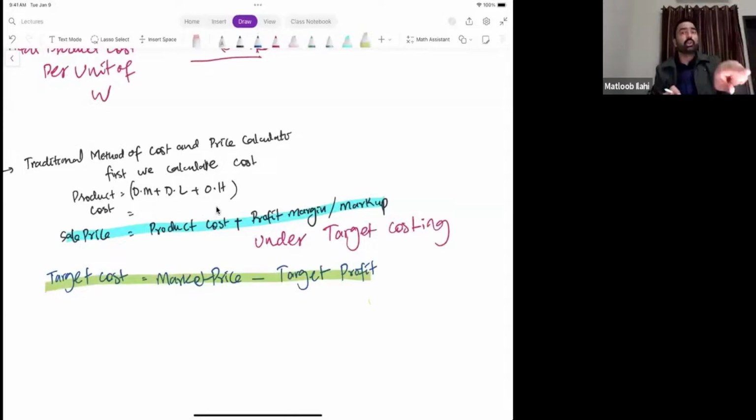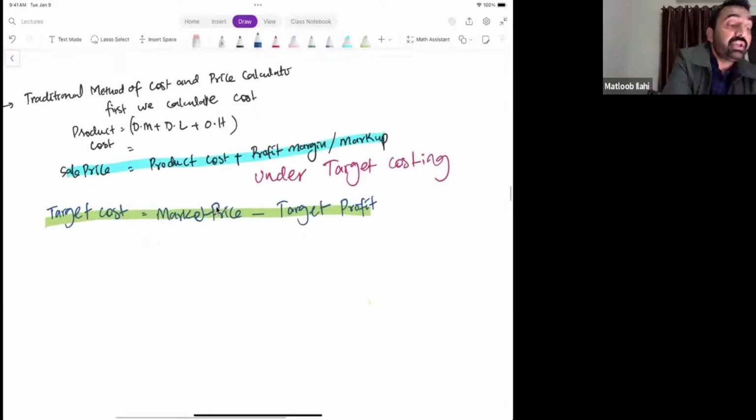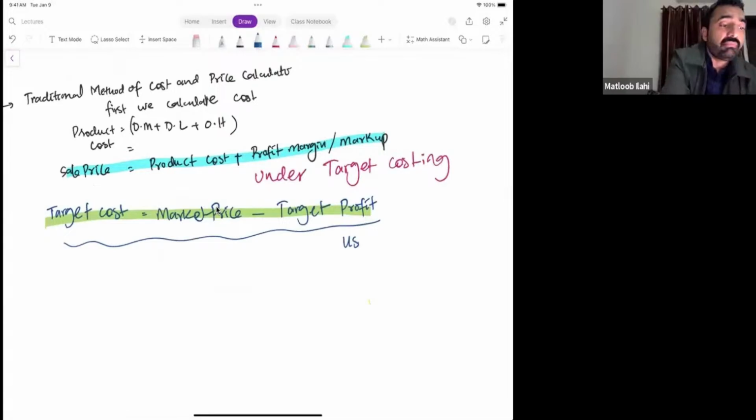Okay, you might be thinking, why are we using the approach of target costing, where we deduct our target profit out of market price to calculate the target cost? The reason is that this type of pricing is useful in competitive markets.